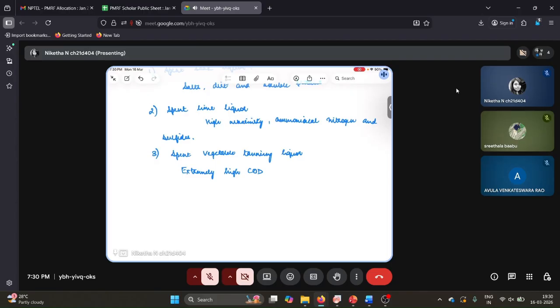So COD means chemical oxygen demand. And this is the amount of oxygen which is required to chemically oxidize the organics present in the wastewater.